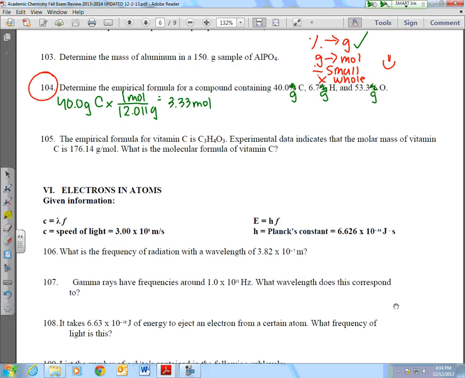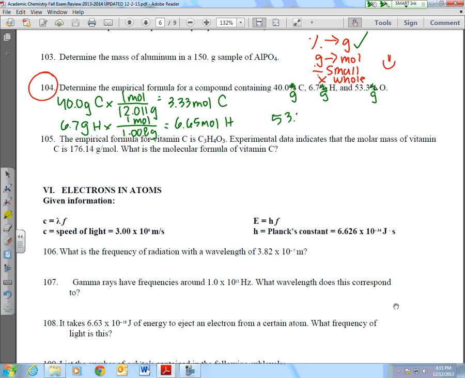Okay? You have to do this for every element that they give you something for. So 6.7 grams of hydrogen. I'm going to do it a little fast to save time. 6.7 divided by 1.008 gives me 6.65 moles. And this one's of carbon, this one's of hydrogen. My last one is oxygen.